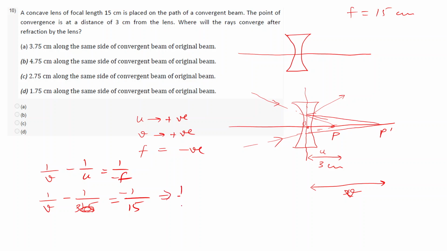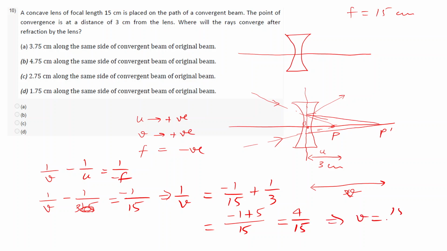So 1 over V will be minus 1 over 15 plus 1 over 3. LCM will be 15, it will be minus 1 plus 5, which is 4 by 15. It implies that V is 15 by 4. Now how much is 15 by 4? 15 divided by 4 is 3.75. 3.75 centimeter, along the same side of the convergent beam, the original beam. This is the correct answer.